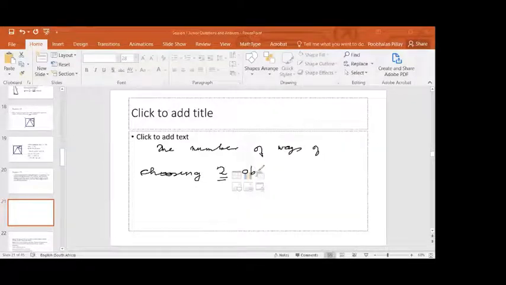Our objects in that example were A, B, C, D, E, F, 6 objects. The number is n into n minus 1 over 2.